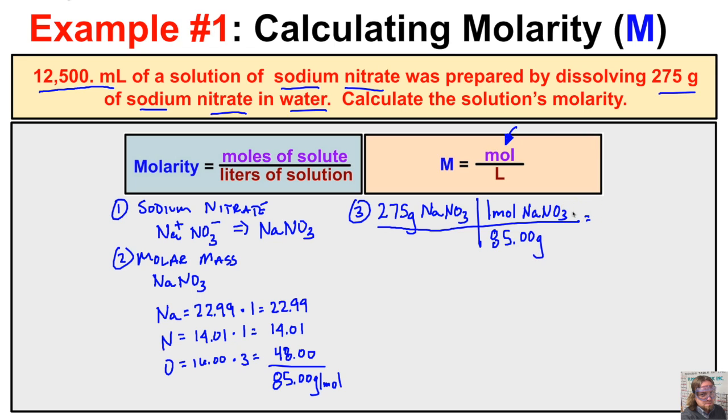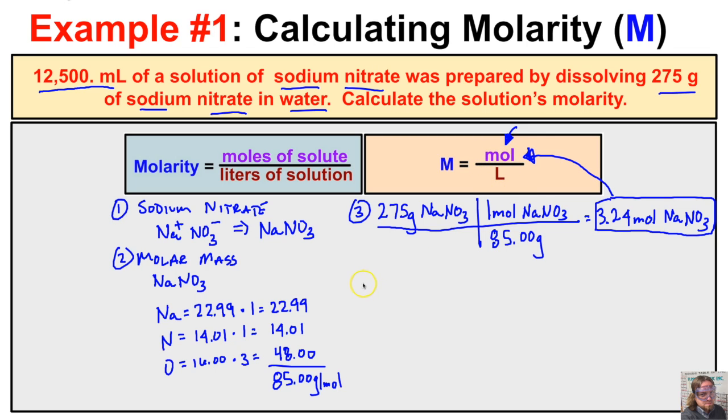And so when we put this in our calculator, 275 divided by 85.00, we're going to end up with 3.24 moles of NaNO3. And this is not our final answer. This right here is going to be the number of moles of dissolved solute. So we had to do all this just to get this very first variable here.